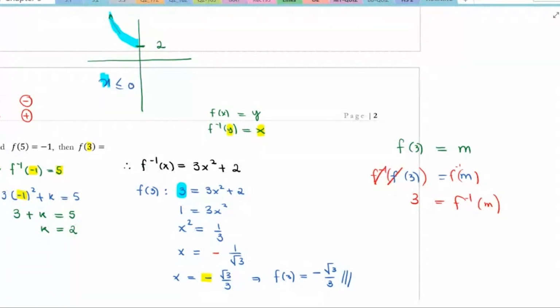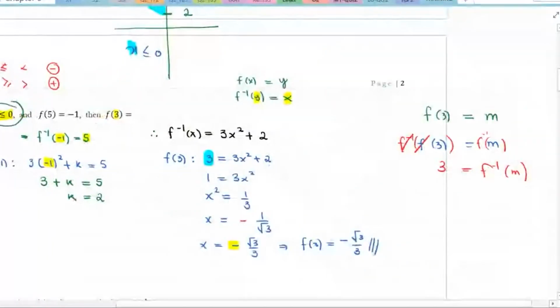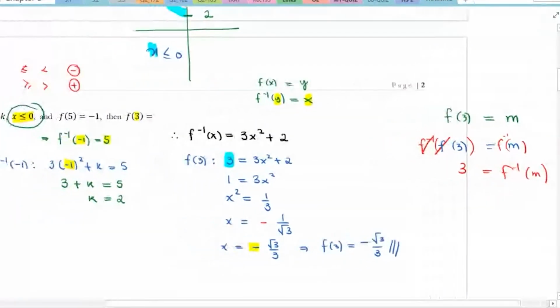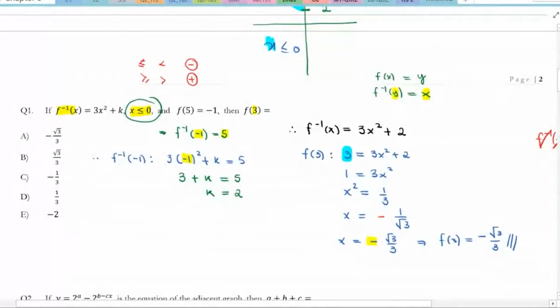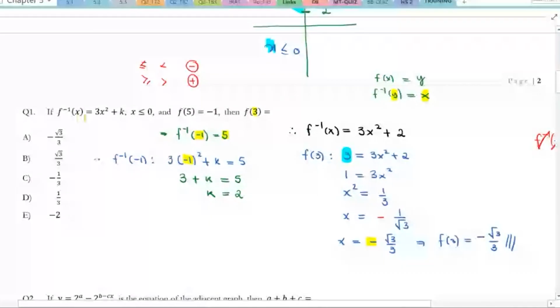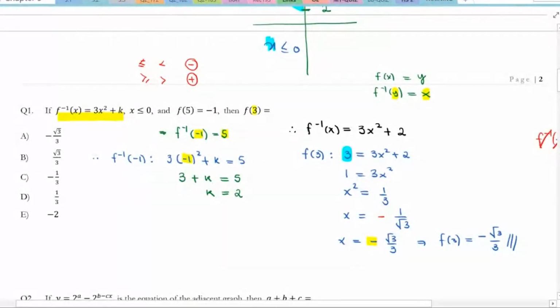How is f inverse of y equal to 3x plus 2? Oh, okay. This is the question. Maybe you did not look at the question, Abdul Malik. F inverse is equal to this, right? Yes.